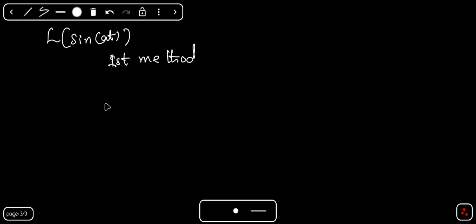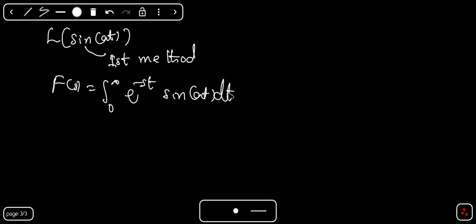Now using the integral method, f of t will be sine at. So we're going to have F of s equals the integral from 0 to infinity of e raised to the power of minus st, multiplied by sine at dt. Now from Euler's formula, remember that sine at is equal to the imaginary part of e raised to the power of iat.